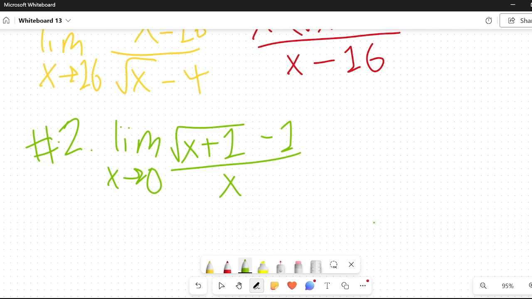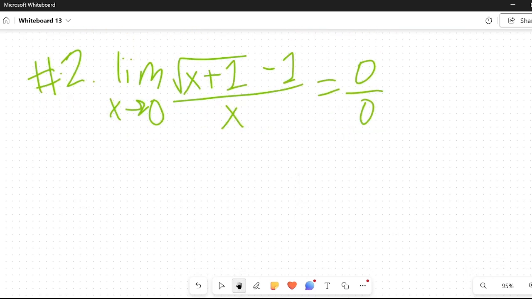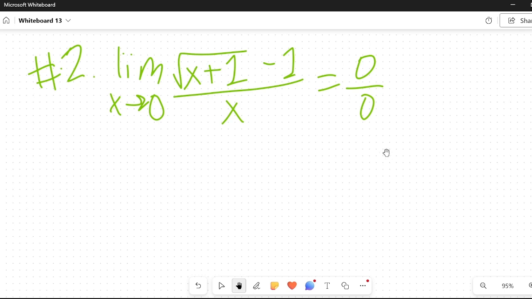If we directly substitute 0, we get 0 over 0. So in this case, we can rewrite this fraction by rationalizing the numerator.